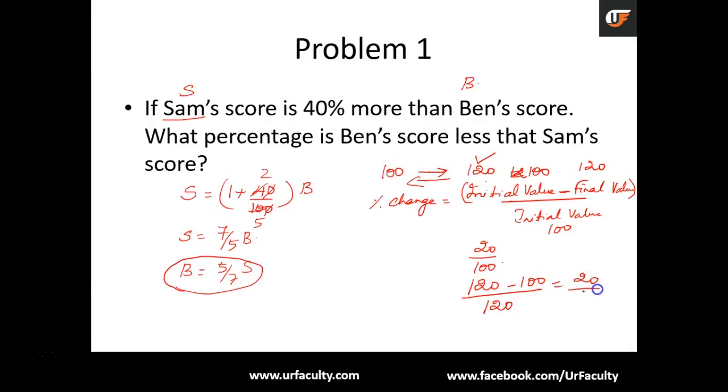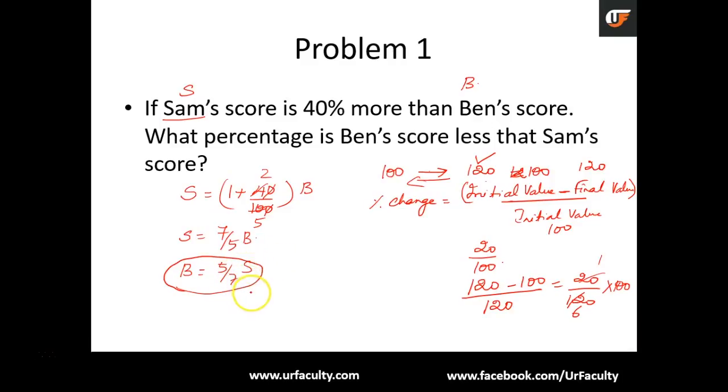It became 20 by 120, which is basically 1 by 6 of 100. And what is 1 by 6? We have already done that calculation in our earlier exercise, so I don't want to repeat it out here. So it's basically that.